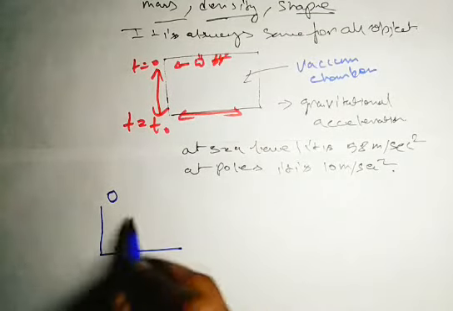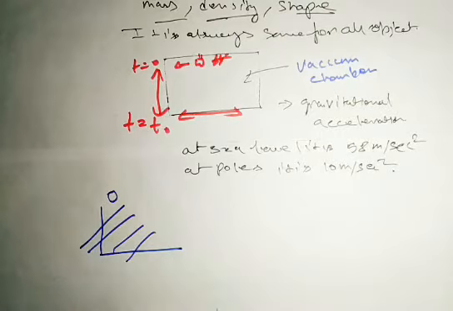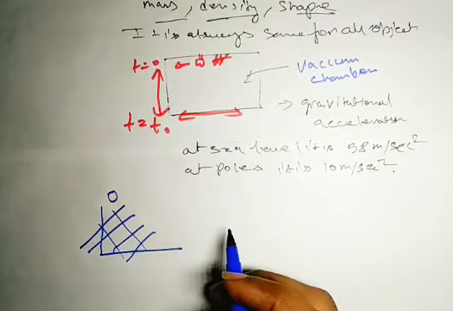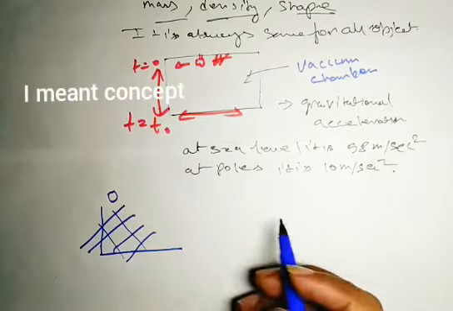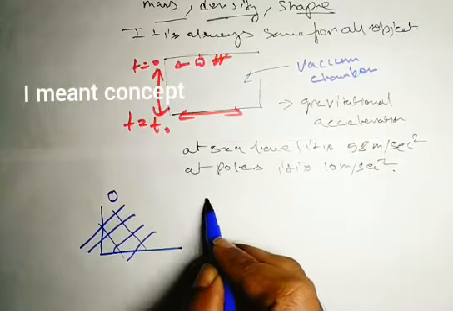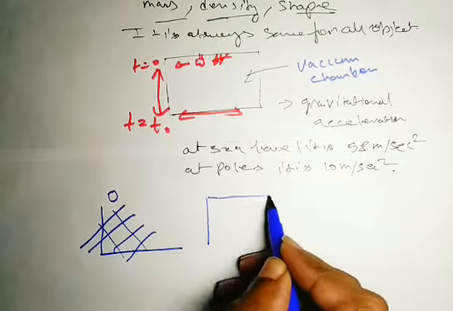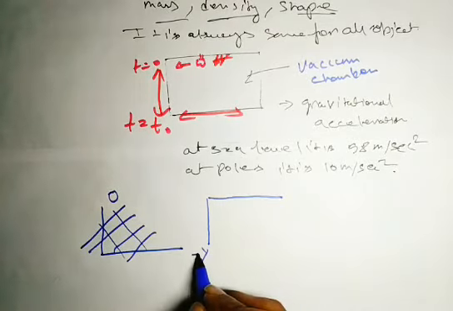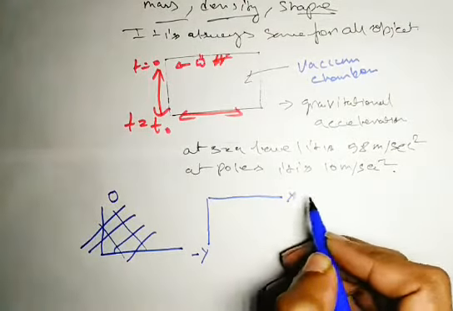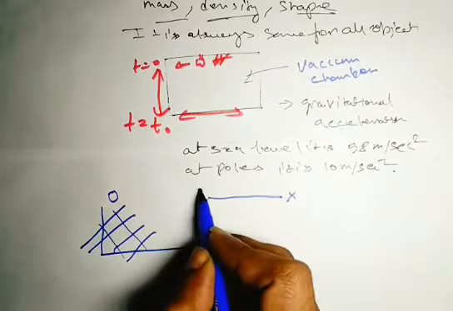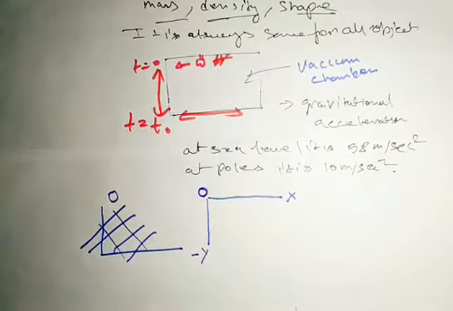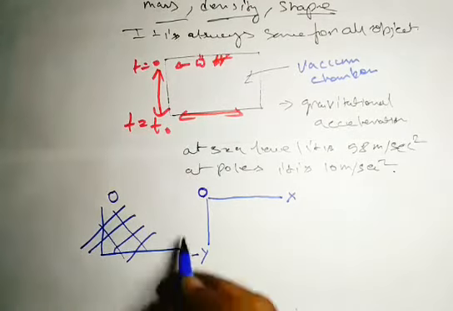Not on an axis, this will create a wrong perception in your mind that it is somehow on a height. Let us take an axis like this. This is y direction in negative, this is x in positive, and the ball is here, at some height.